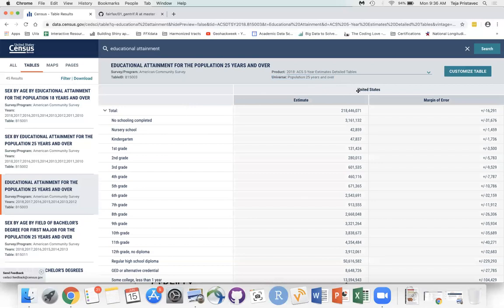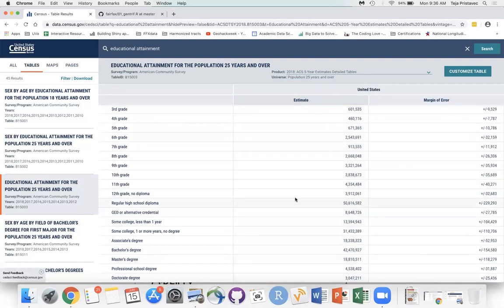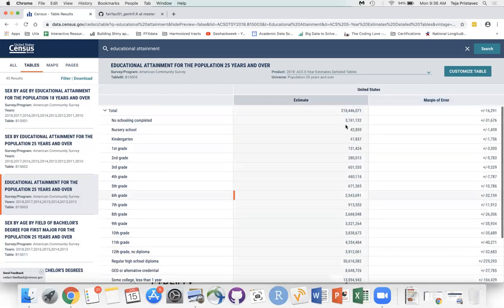So in the US in general, because this table is at the most general level showing me numbers for the United States, in the latest 5-year estimates, approximately, let's say, 42 million people, their highest degree was a bachelor's degree. And then I have my margin of error here, which, as we discussed before, by default, is a 90% margin of error, plus minus 154,000. So these are the numbers that would come in when I do my API pull.